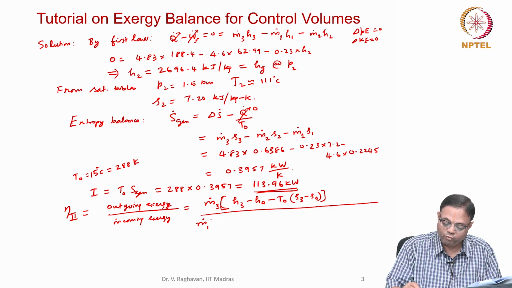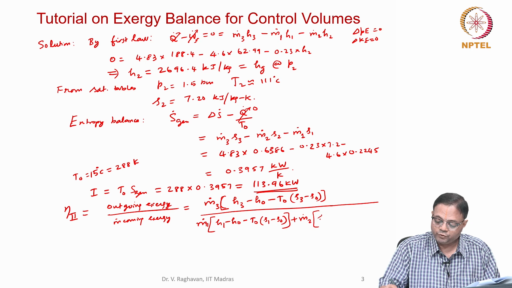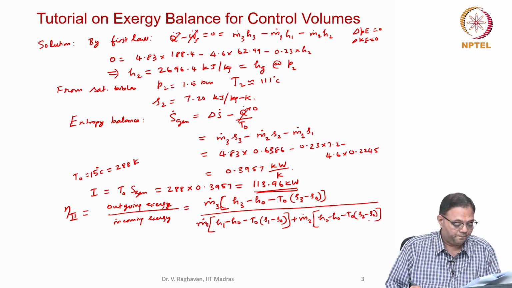So here m dot 1 into H1 minus H naught minus T naught into S1 minus S naught plus m dot 2 times H2 minus H naught minus T naught into S2 minus S naught.